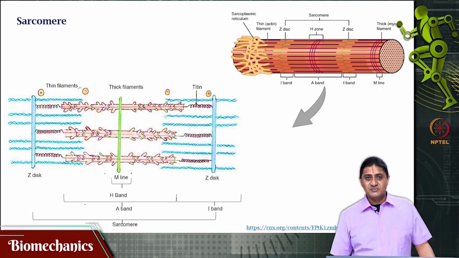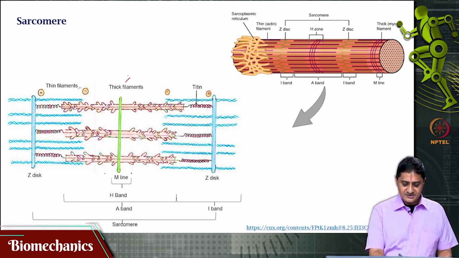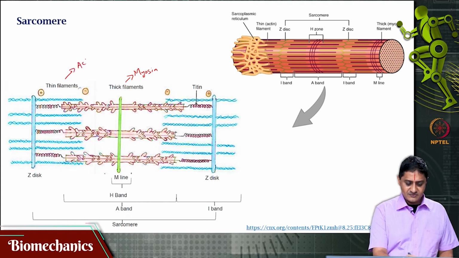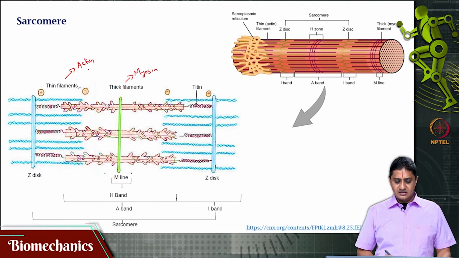We saw in one of the previous videos that there are these thick filaments, which is myosin, and then the thin filaments, which is actin, and the consecutive Z discs where this actin and myosin are suspended.